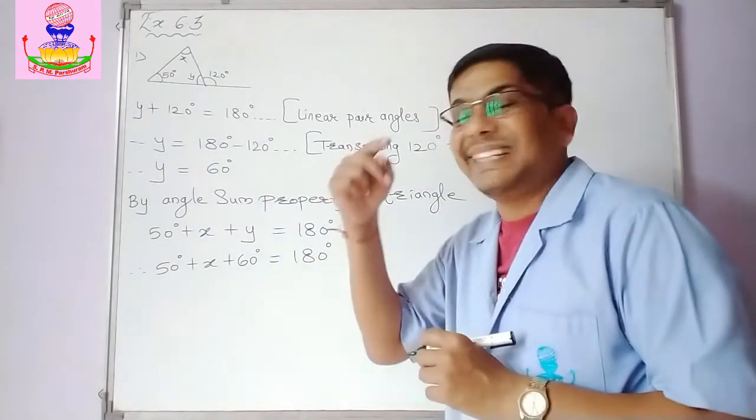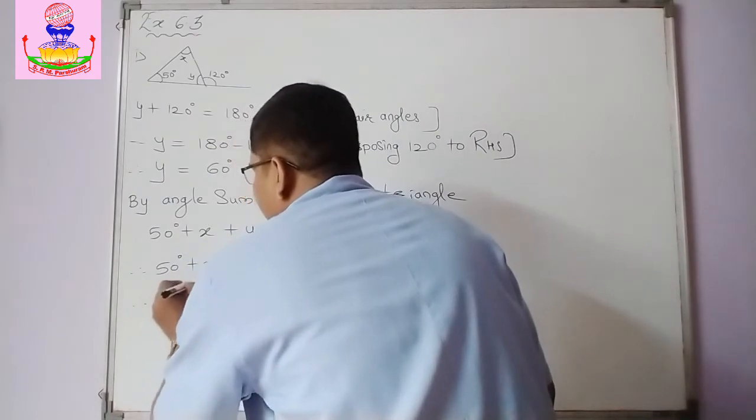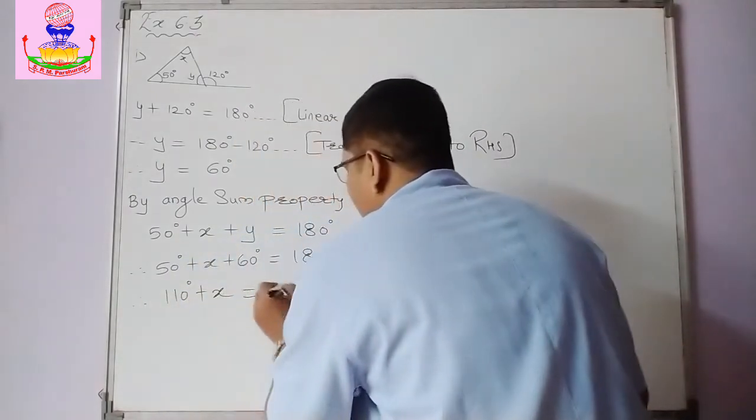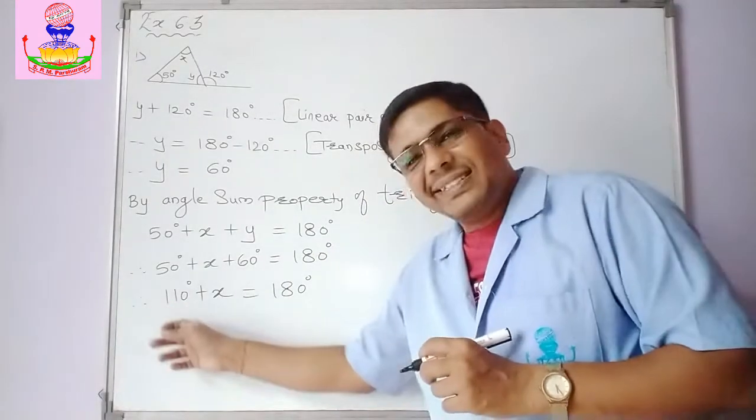Now 50 plus 60, 110. So therefore 110 degree plus x is equal to 180 degree.